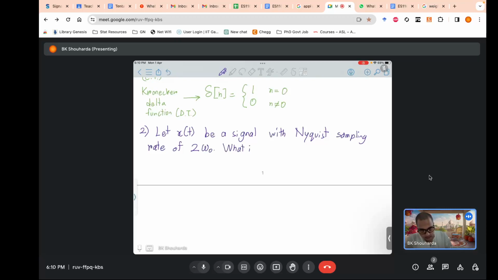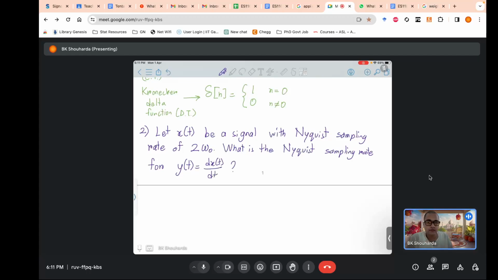What is the Nyquist sampling rate for y(t) equals the derivative of x with respect to t?